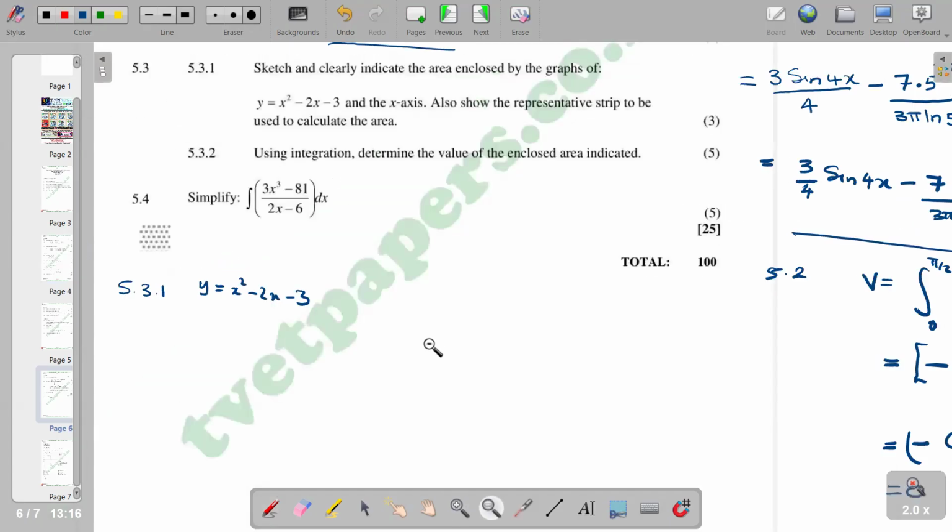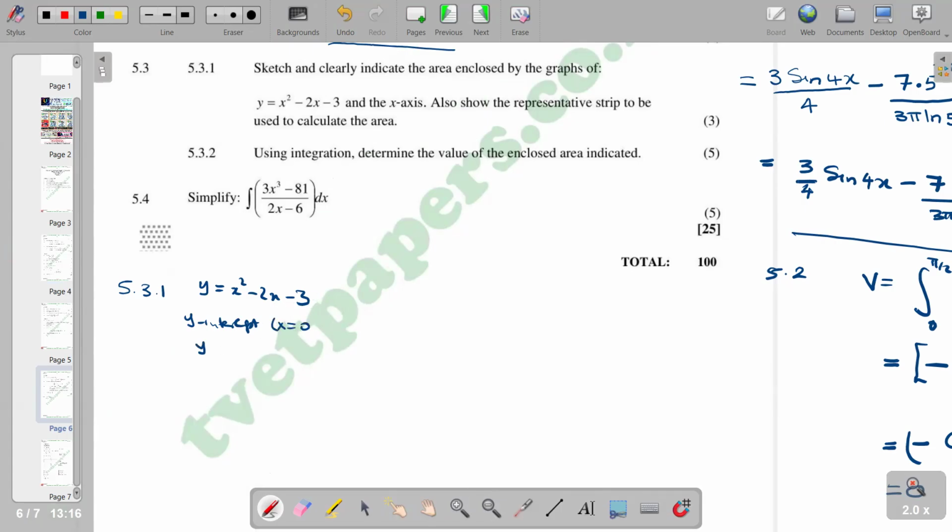So first step, we need to sketch the graph. To sketch the graph, what is it that we need? We are going to need the intercepts. If we want the y-intercept, we are just going to substitute x is equal to 0.